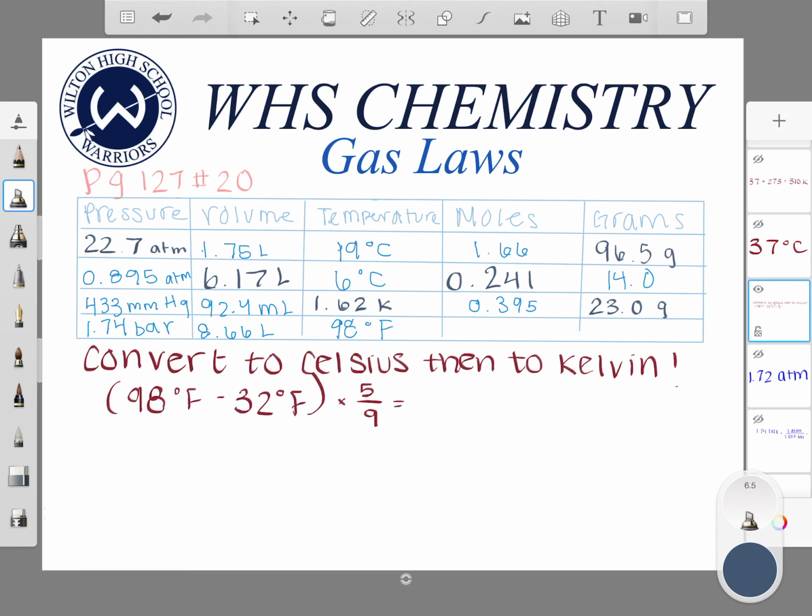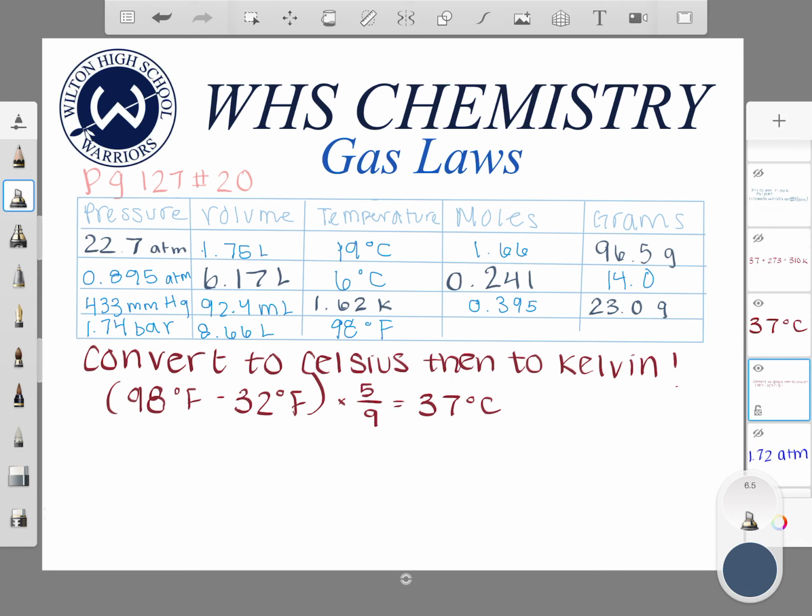So we're going to use this formula, which is 98 degrees Fahrenheit, which is our given temperature, minus 32, and then multiply that by 5/9, which will get you 37 degrees Celsius. And then, next step, converting to Kelvin, we have 37 plus 273 equals 310 degrees Kelvin.